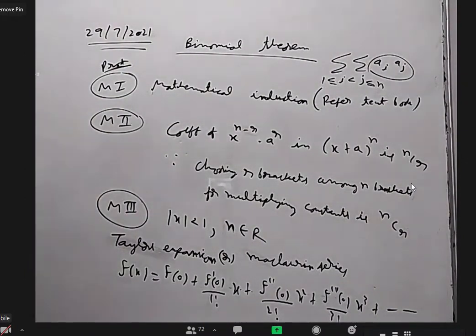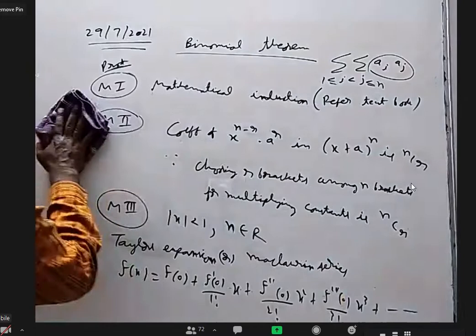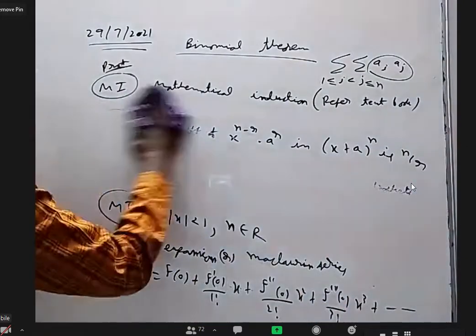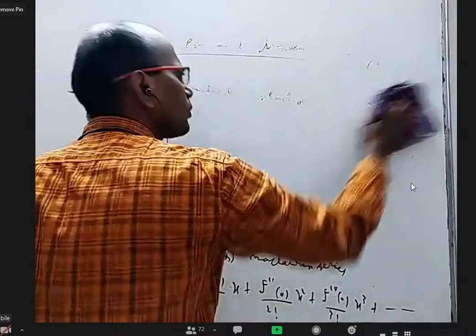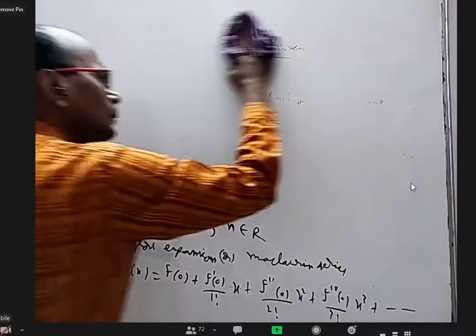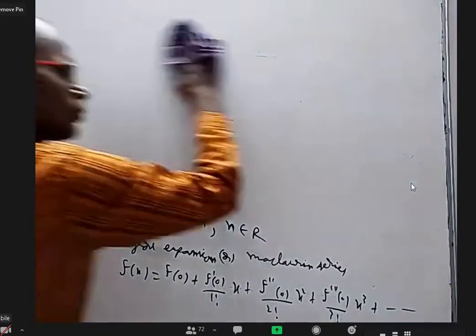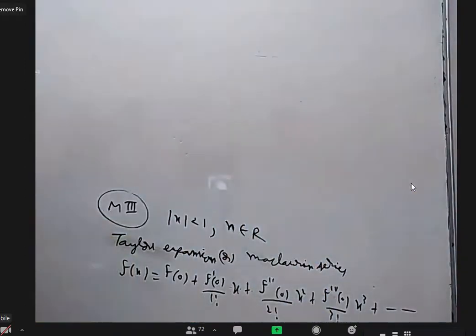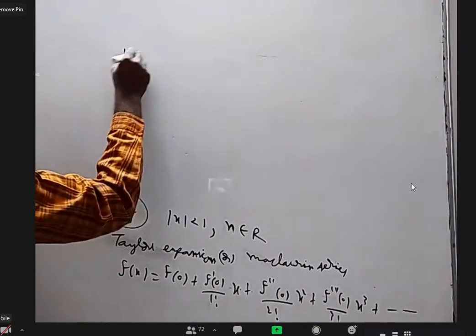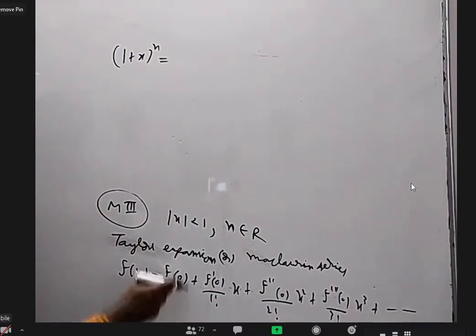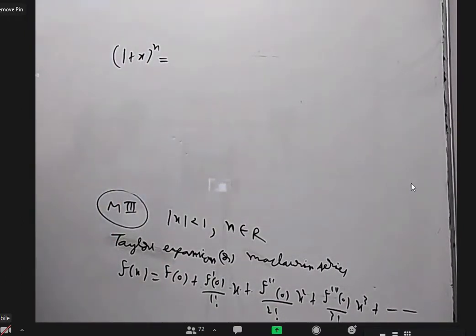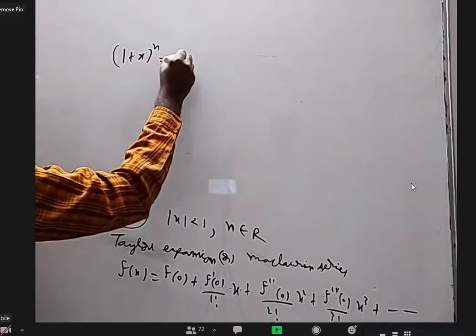Now based on that, take f of x as 1 plus x whole power n. If I want to use this formula, when I put x equal to 0, what will happen to this? 1.